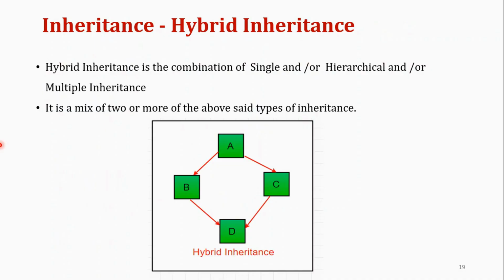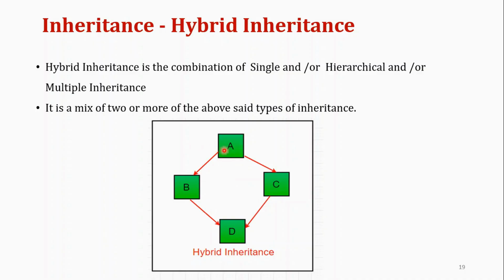And the last type is hybrid, the combination of any of the above four inheritances, single or multiple, multi-level, hierarchical. Two or more combinations of the above inheritances can form a hybrid inheritance. So check this out. Class A is inherited to B and C. If you remove class D, it will be hierarchical inheritance.